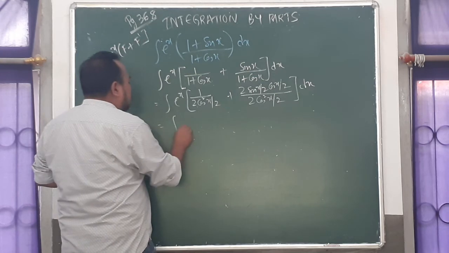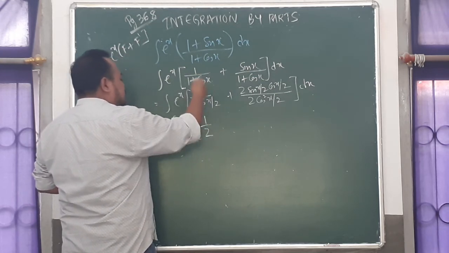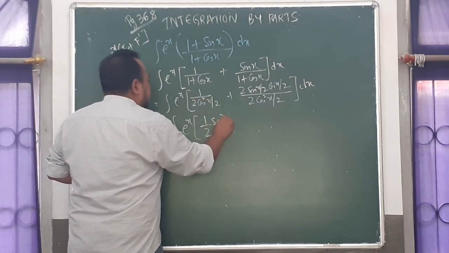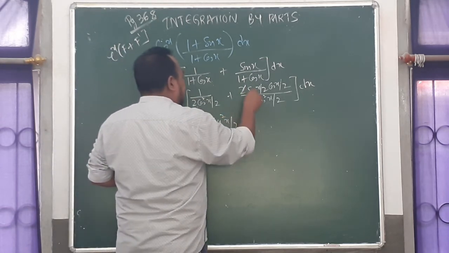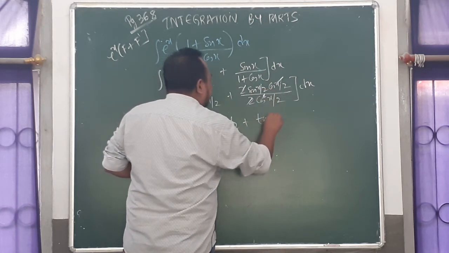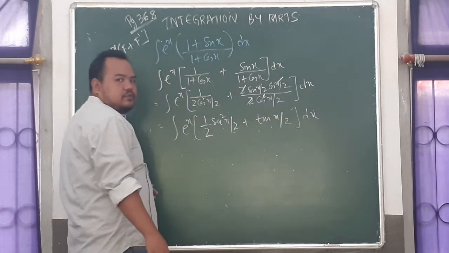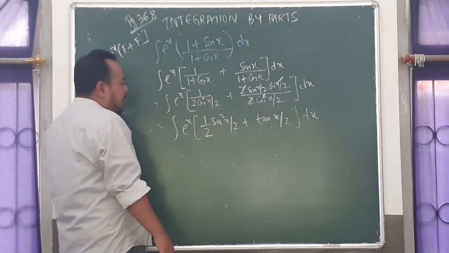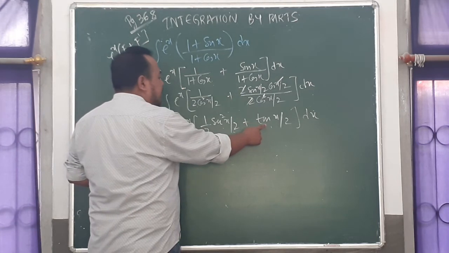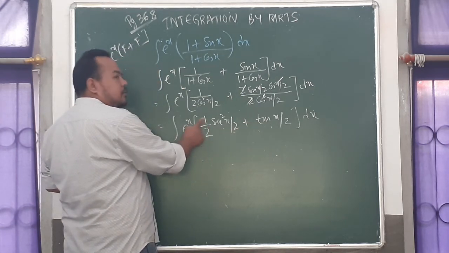So moving on, e to the power x, 1 by 2 as it is, 1 by cos square is sec square x by 2, plus 2 and 2 get cancelled, cos and cos get cancelled. So you got tan x by 2. Now did you convert it into two functions? So now you can easily see that when you differentiate tan x by 2, you will get sec square x by 2 into half. Is that clear?